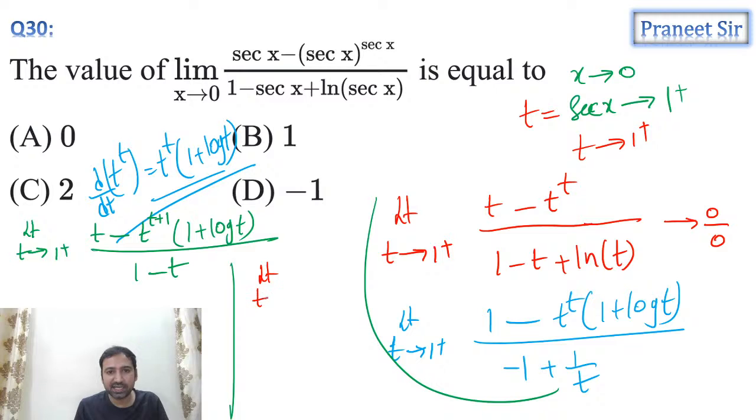Limit t tending to 1 plus, numerator differentiation 1 minus, and again we need to apply UV rule, guys. Here if you apply UV rule, t power t plus 1, the differentiation of t power t plus 1 is what?